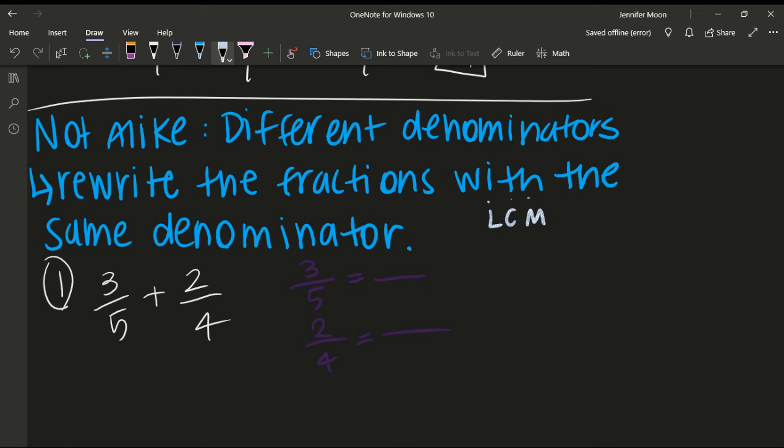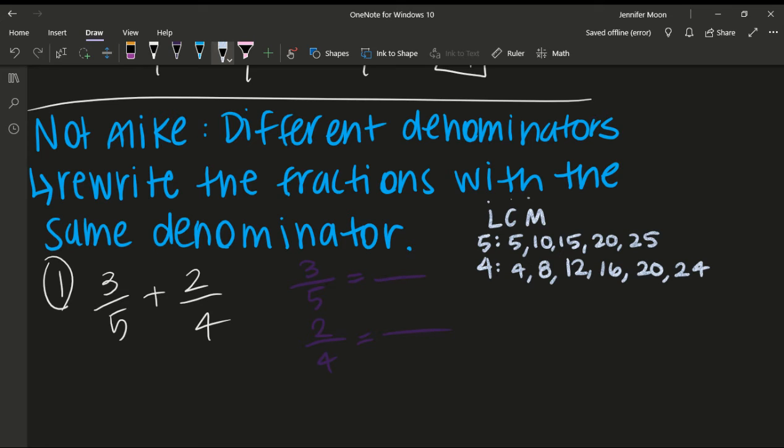So what we're going to do is take multiples of each of our denominators. If we take multiples of 5, we have 5, 10, 15, 20, 25. Just write out a few. And then let's take multiples of our 4. 4, 8, 12, 16, 20, 24.